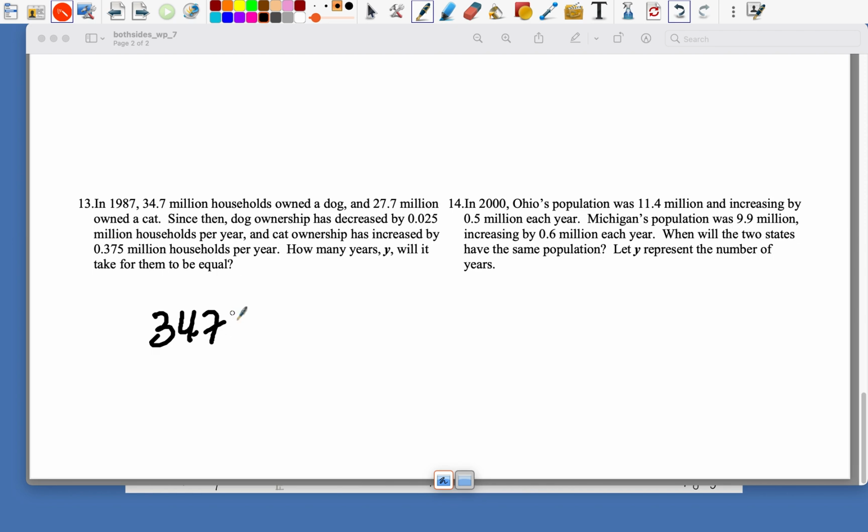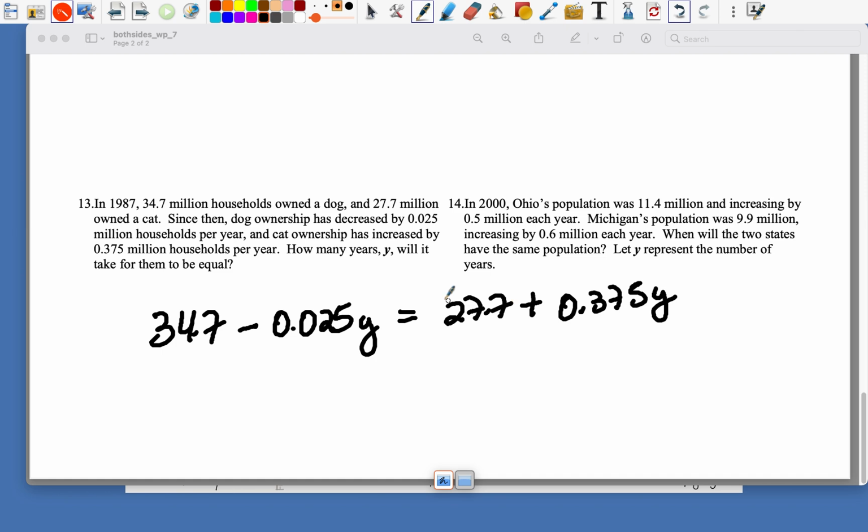Okay, so we start with 34.7 million dogs, and then we're going to subtract 0.025 every year that are lost. And then on the other side, cats, you start with 27.7 million, but we're increasing the number of cats. The number of cats increased by 0.375 per year. So when will these two be equal?